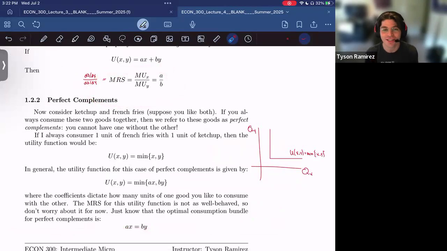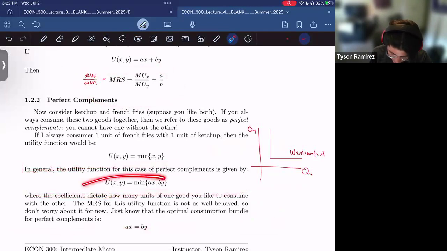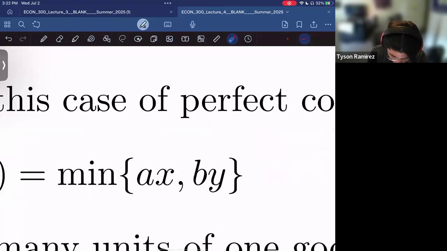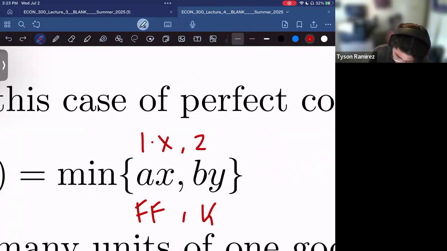All I want you guys to know and have down is that in general, the utility function for perfect complements is this min function, and the coefficients represent the same as we saw in substitutes. So if X were French fries and Y was ketchup, then maybe I only need one unit of French fries, but I need two little scoops of ketchup.